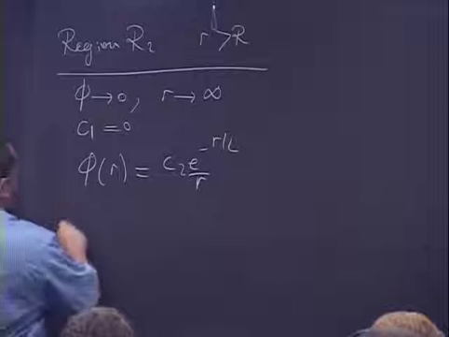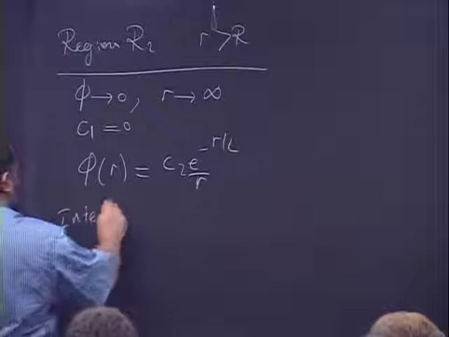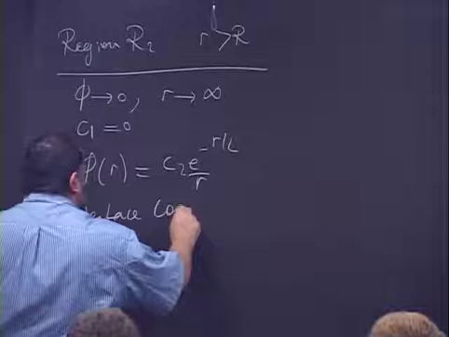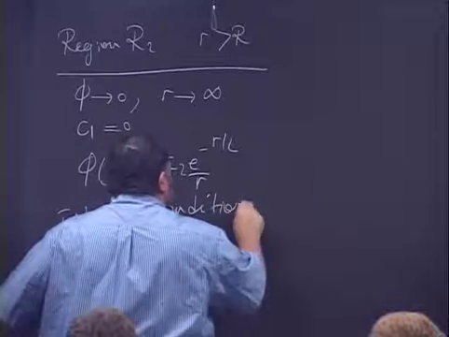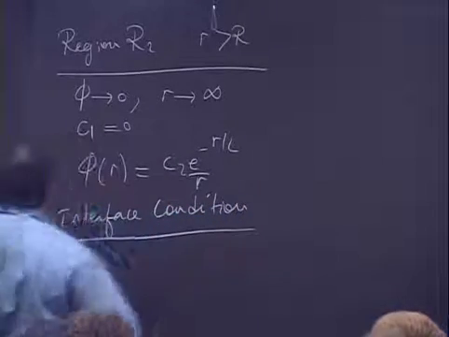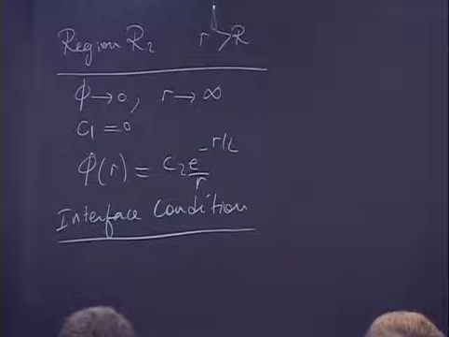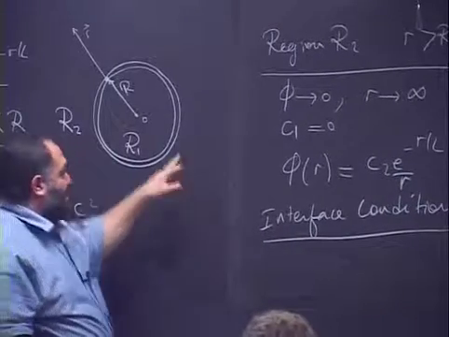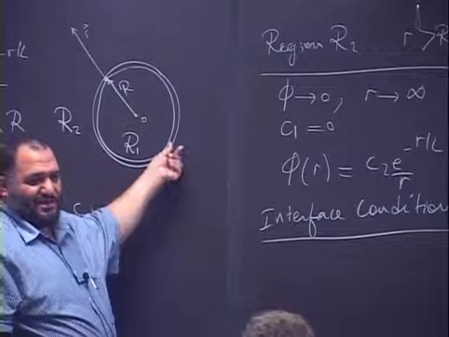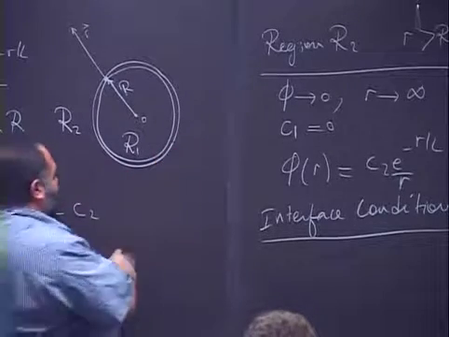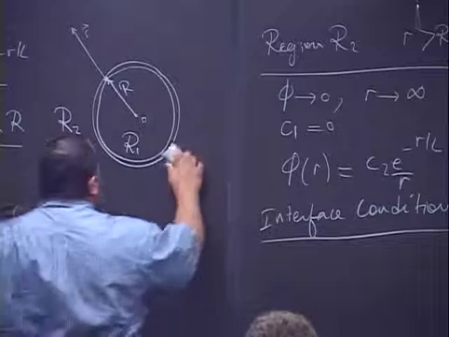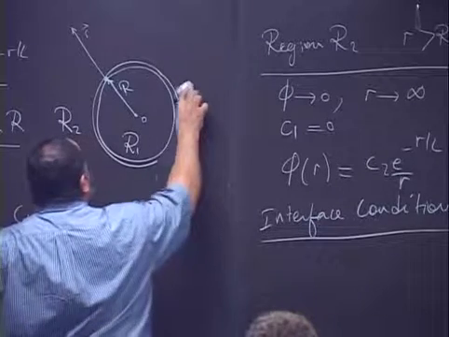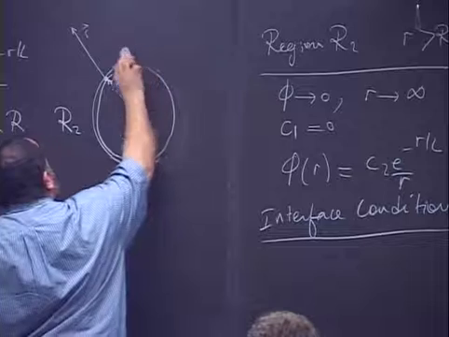Then you will have the interface condition. And what's the interface condition? The interface condition tells me that the flux at the interface between the two regions, of course this is a very thin shell. Otherwise you have to define what's the distance here, d. So we will consider it like a very thin shell, so you do not have this double layer.